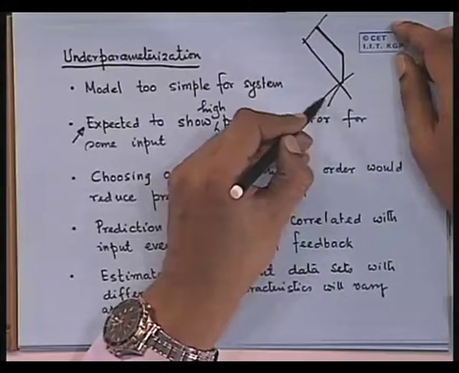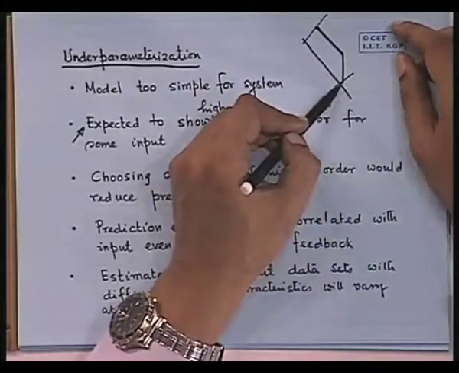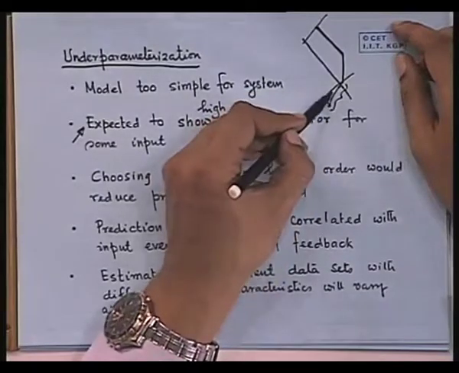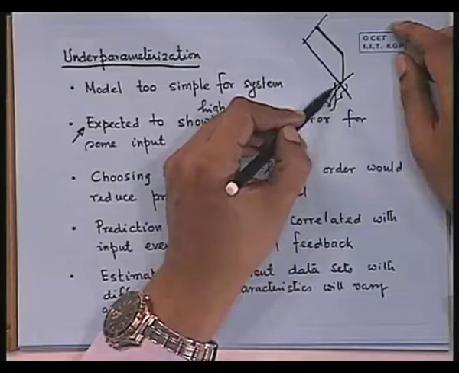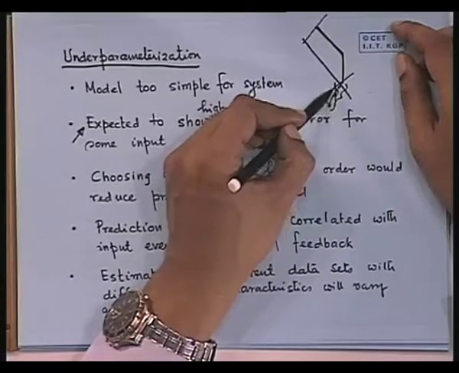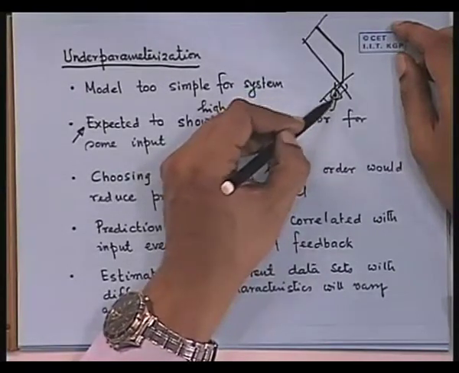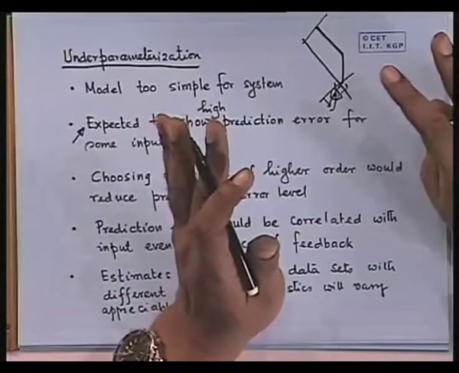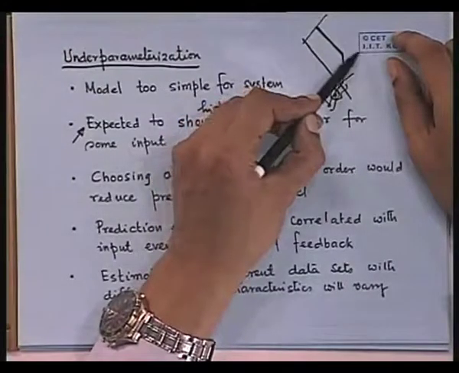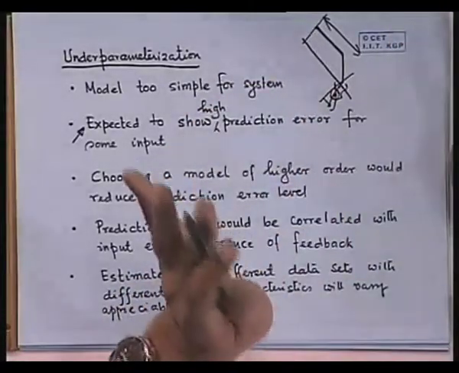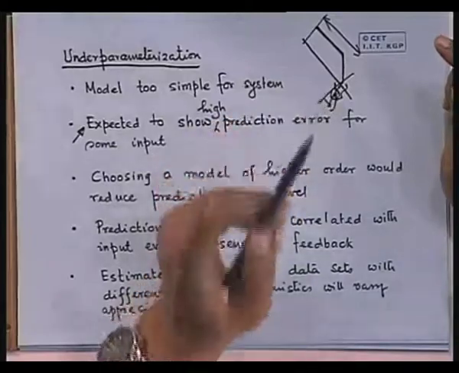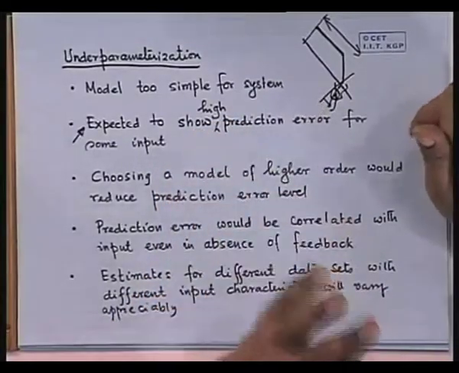But the moment you come to this frequency zone, if you try to fit this, you can fit this part, perhaps, in a given range, around a given point. But as soon as you get this 40 dB per decade slope, this 40 dB per decade slope cannot be obtained by a first order model. Correct? So if you are only considering inputs in this region, then you don't need a second order model. But if you are using inputs in this region, then you do need a second order model, and a first order model will not do.